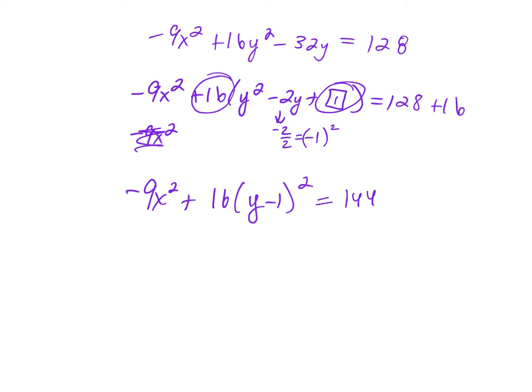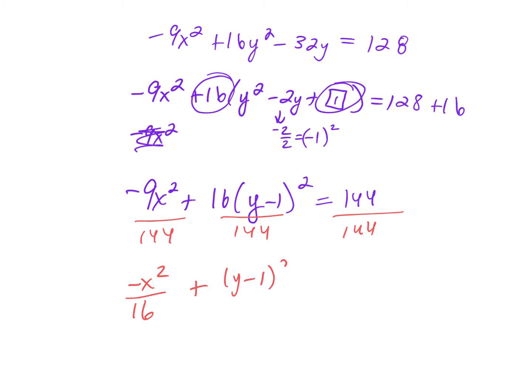Is this a hyperbola in standard form? It's close. What do I need to do? Divide everything by 144. So I'm left with negative x squared over 16. 144 divided by 9 is 16. Plus (y minus 1) squared over 9 equals 1.